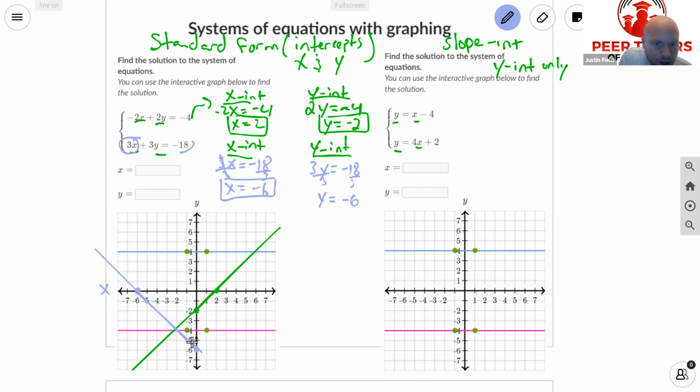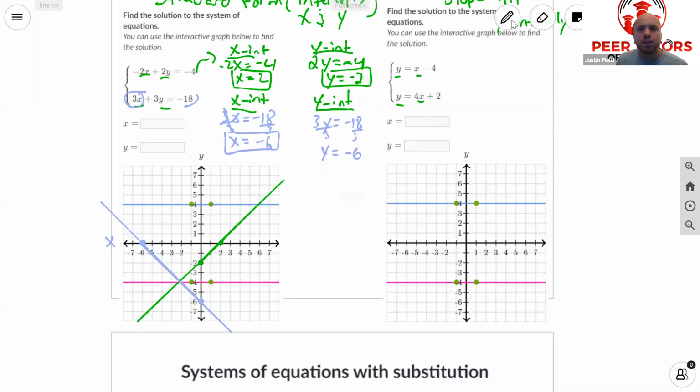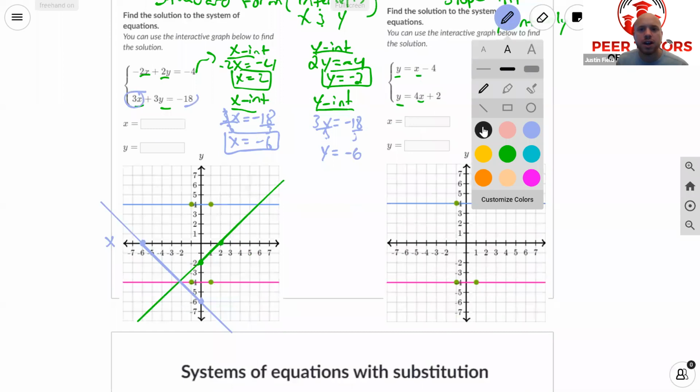So it's not perfect or anything, but the solution to the system of equations is where the lines intersect.